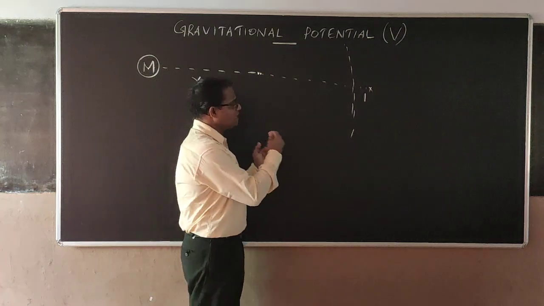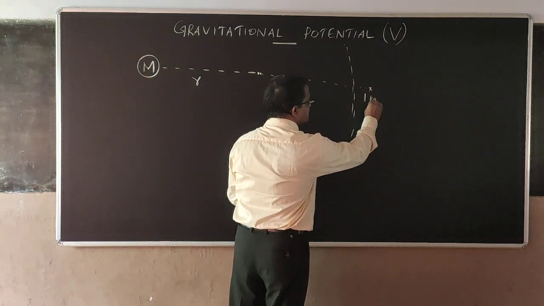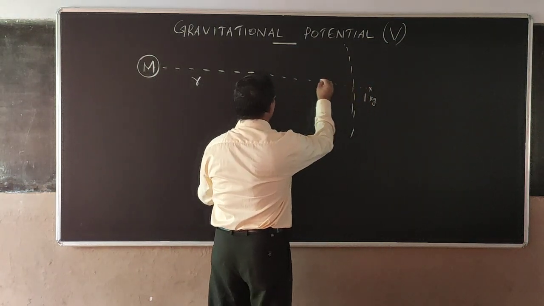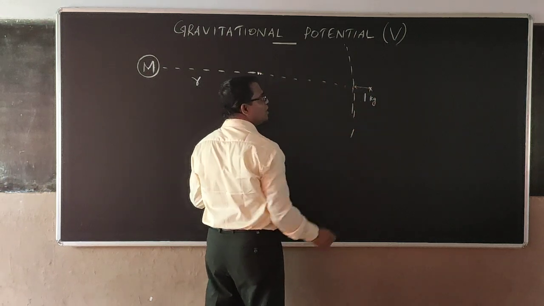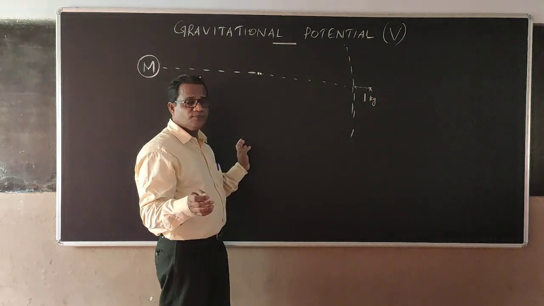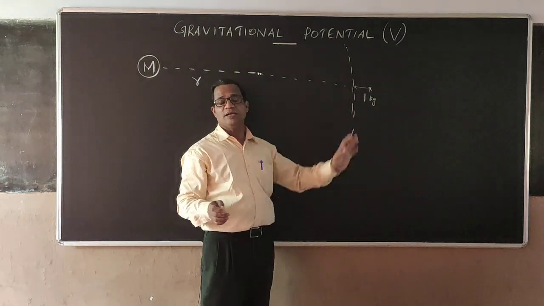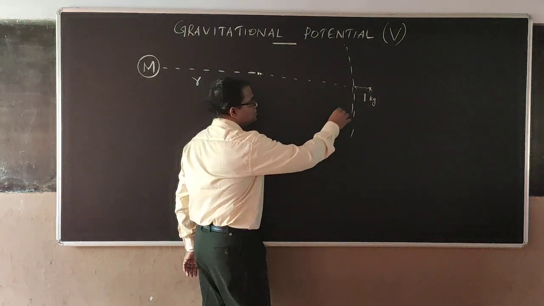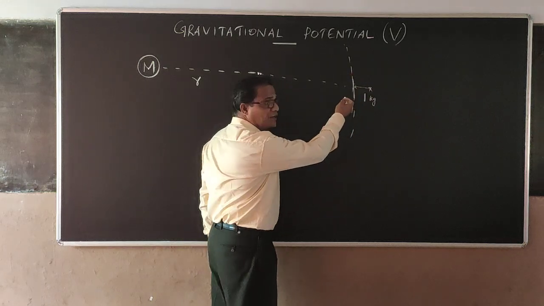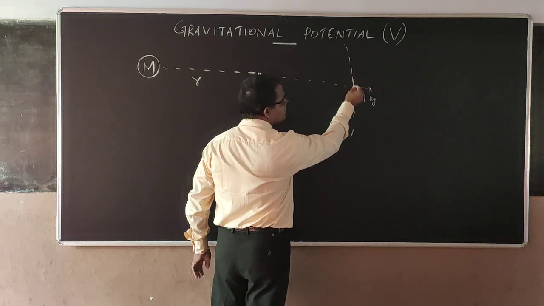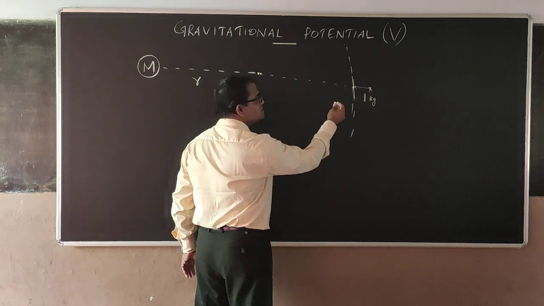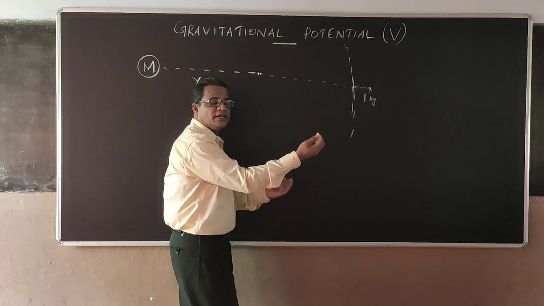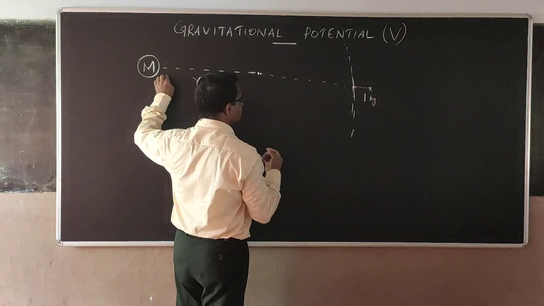Now remember, as you bring that test mass of 1 kilogram from here up to this particular point, no work is required because there is no influence of that capital M over there. But as you cross this boundary, the test mass starts to experience an attractive force from this one.